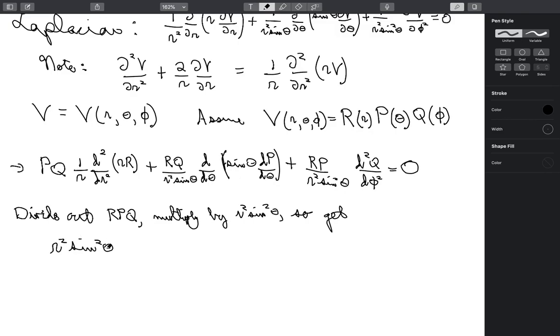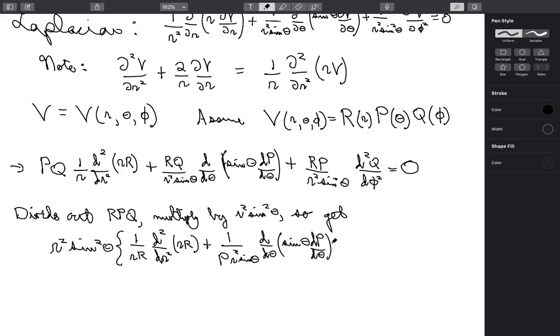r squared sine squared theta, big bracket, 1 over little r times big R, with now the second derivative with respect to r squared of little r times big R, plus 1 over this P function that we had, r squared sine theta d theta of sine theta dP d theta, end of the big bracket.